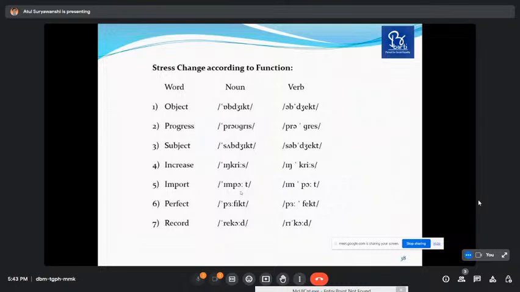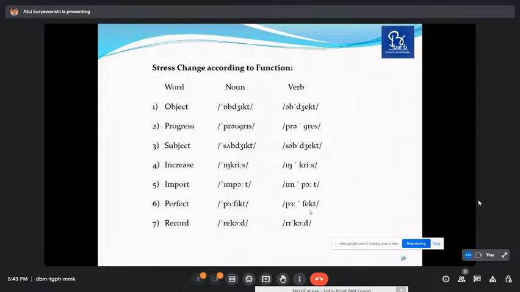Impart is a noun, impart is verb. Perfect is noun, perfect is verb. Spelling is the same, but pronunciation changes and the stress changes according to the function use of the word.